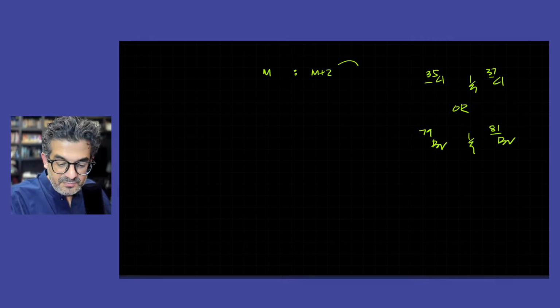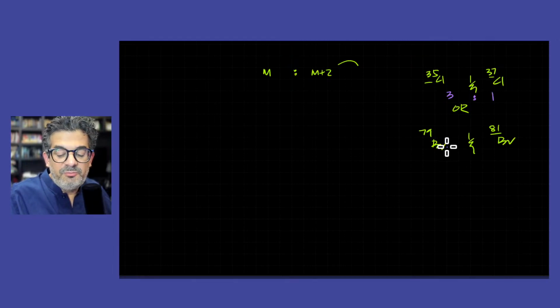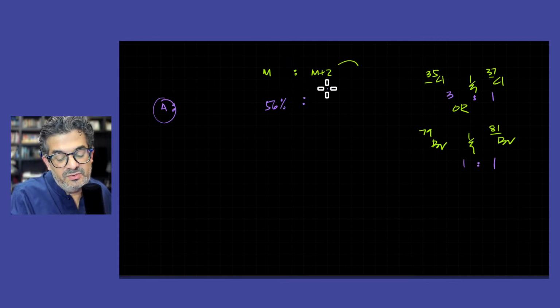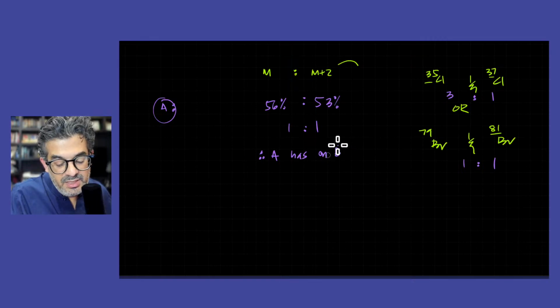We know the ratio of chlorine-35 to 37 is 3:1, and the ratio of bromine-79 to bromine-81 is 1:1. So if, for example, molecule A has a ratio of 56% to 53%, this is approximately 1:1, which says that A has one bromine atom.